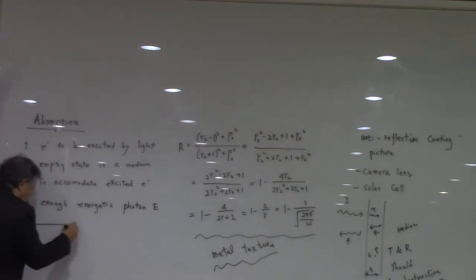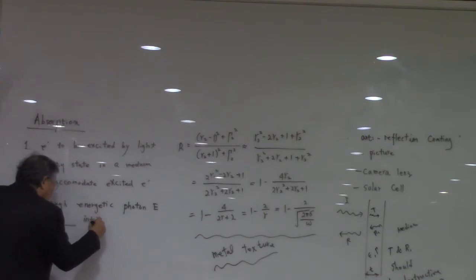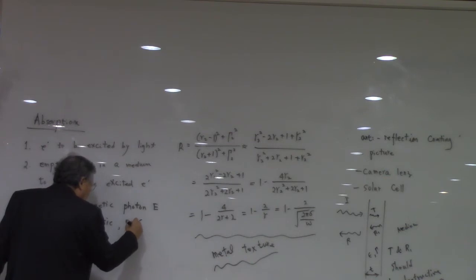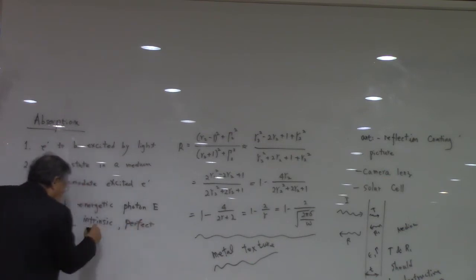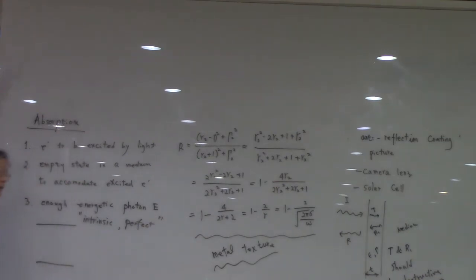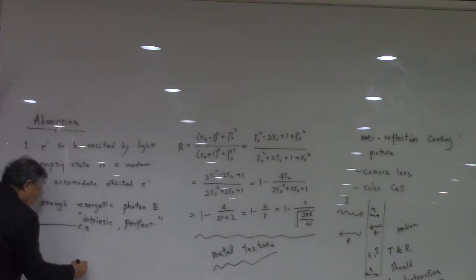So, if the material is intrinsic, perfect single crystal, then there is a band gap here, and this is the conduction band, and this is the valence band.